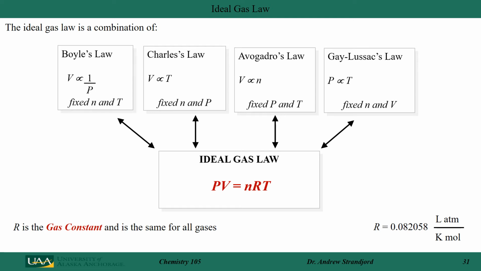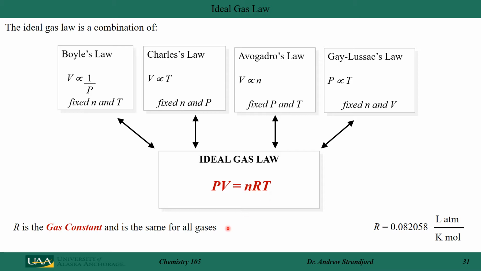If we take each of the individual gas laws developed by Boyle, Charles, Avogadro, and Gay-Lussac, we can combine them into one gas law that sort of covers it all. We call that the ideal gas law. So the relationship is pressure times volume of a gas equals the number of moles of a gas times some constant times temperature.